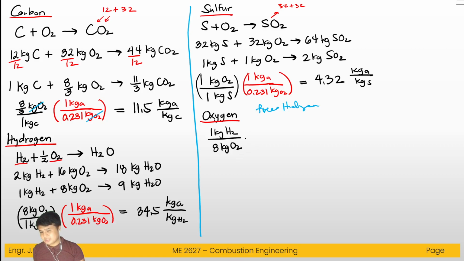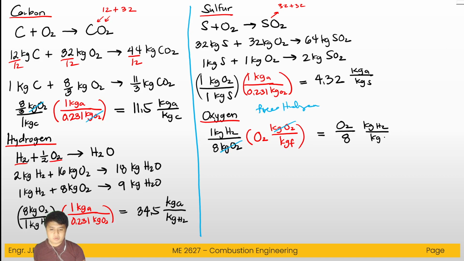Kaya pag multiply mo daw to ng inyong, let's say, ratio ng oxygen per fuel, so parang kilogram of oxygen per kilogram of fuel, okay, yung ating oxygen content, then makakancel lang yung oxygen natin dito. No? So you can get here, parang O2, no? So number of oxygen content in our fuel over 8. And then you have here kilogram H2 per kilogram of fuel.